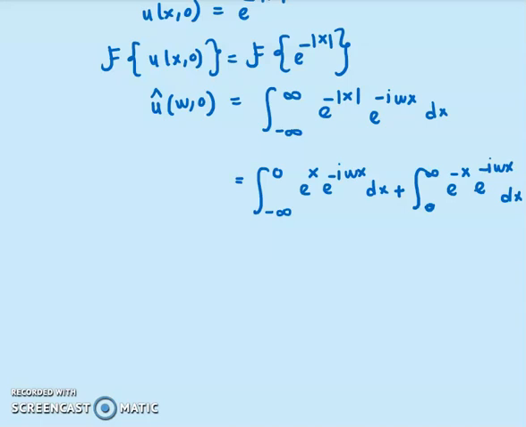The definition of the modulus is negative x for x less than 0 and x for x greater than 0. So for the negative region, negative of negative will be positive, and for the positive region, we have the negative.